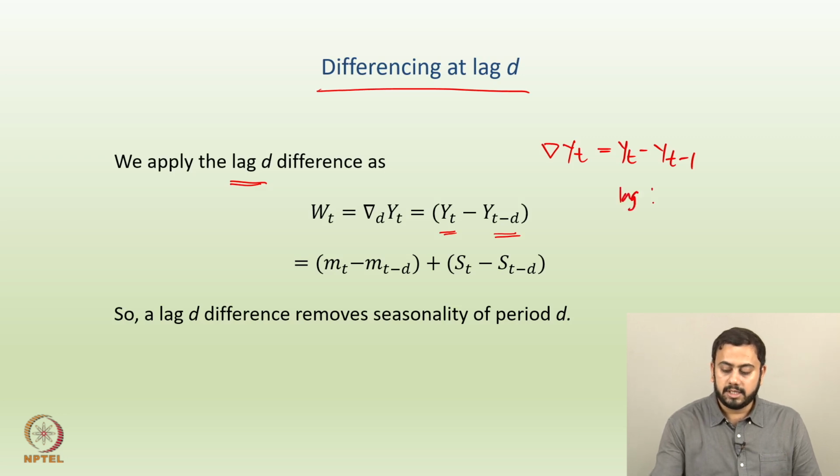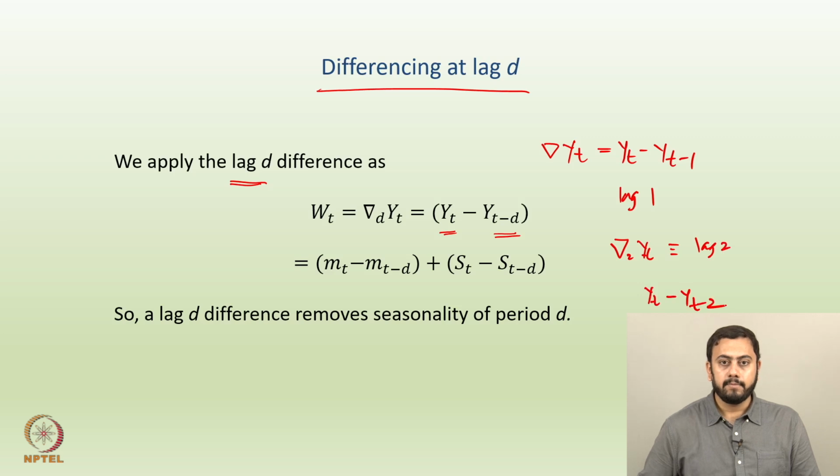And if you take nabla subscript 2 of yt, this is my lag 2 difference. You are taking the difference between yt and yt-2 directly, and so on: lag 3 difference, lag 4 difference.